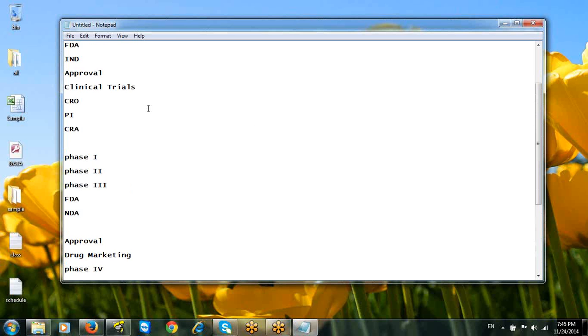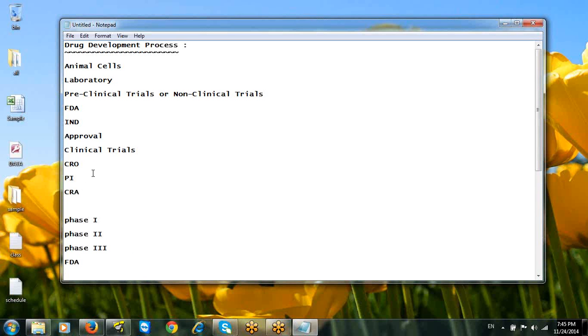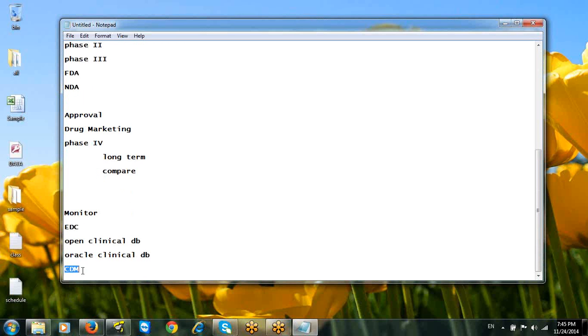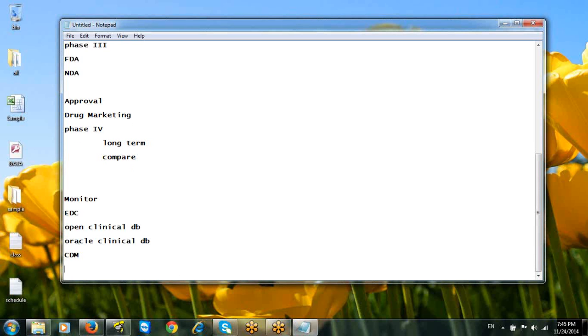Of course, maximum of this work will be done by clinical data management. They will collect the data, maintain the data, do the data entry, everything. While entering, they will enter it through case report forms, CRF.